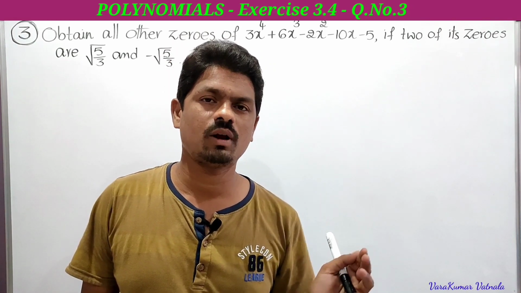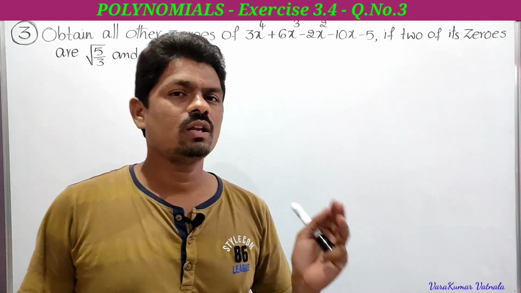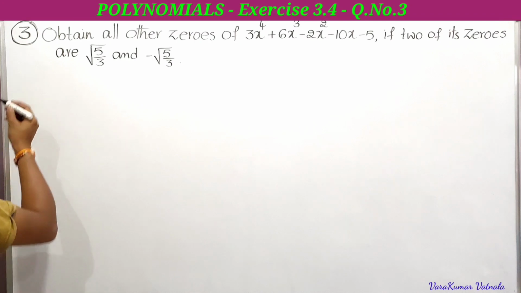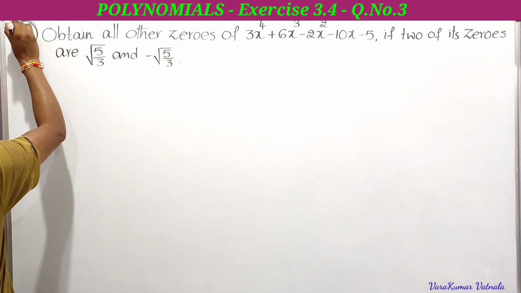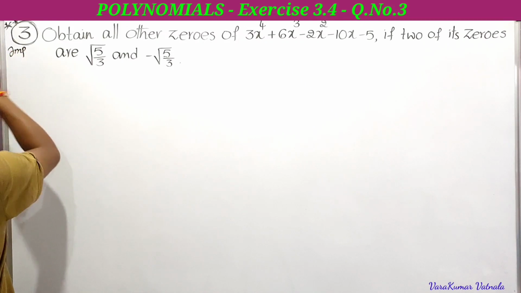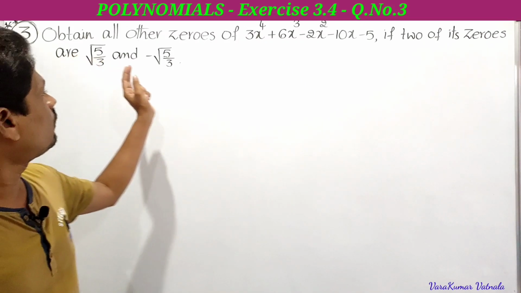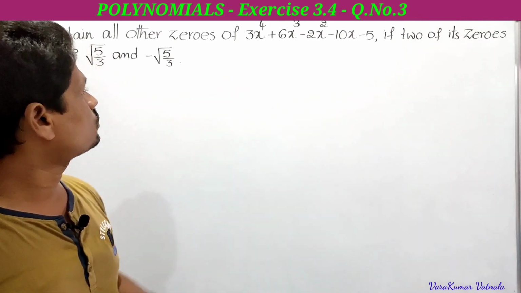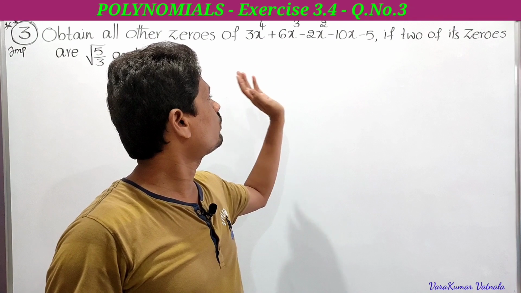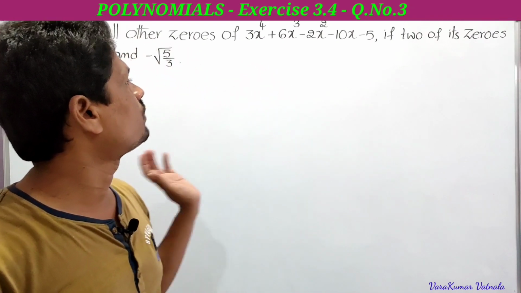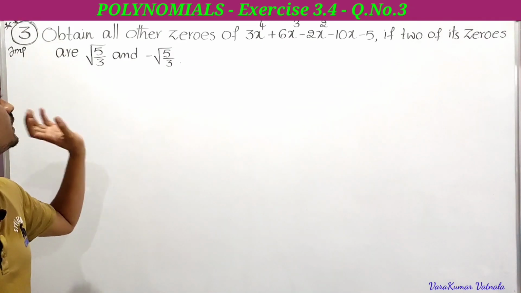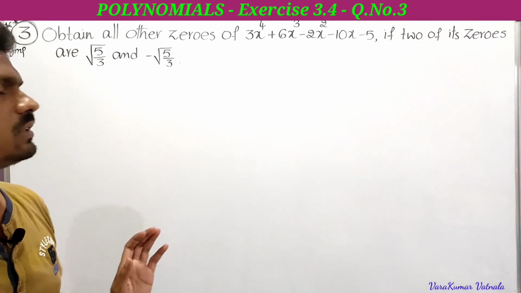How can we solve this problem? See here what he is asking us to find. Obtain all other zeros of 3x to the power 4 plus 6x cube minus 2x square minus 10x minus 5, if two of its zeros are square root 5 by 3 and minus square root 5 by 3.